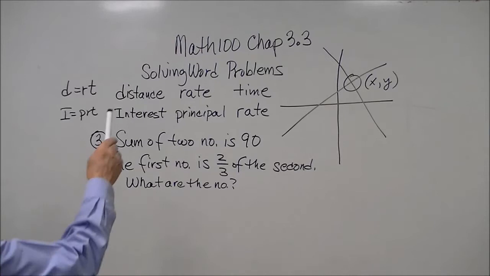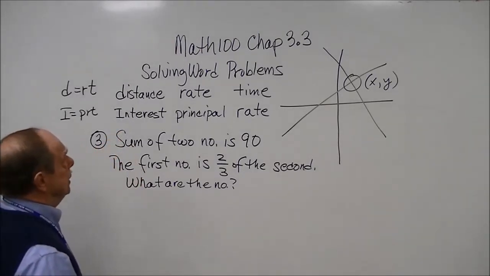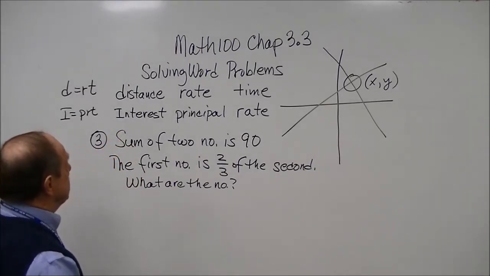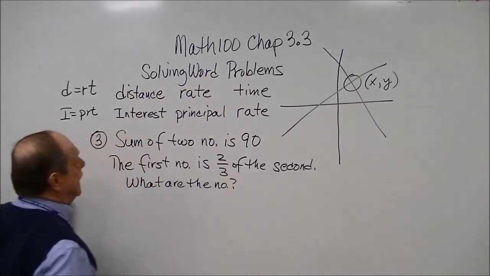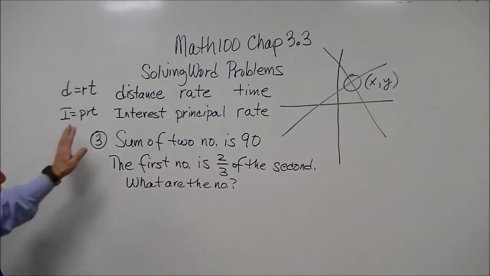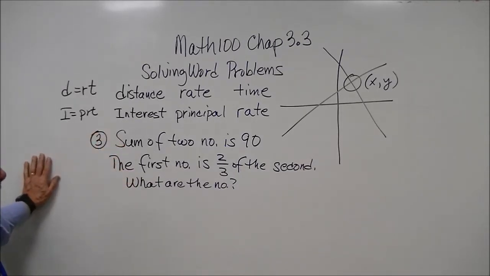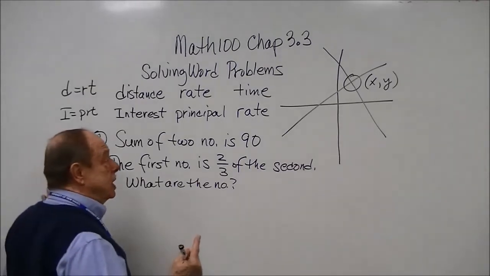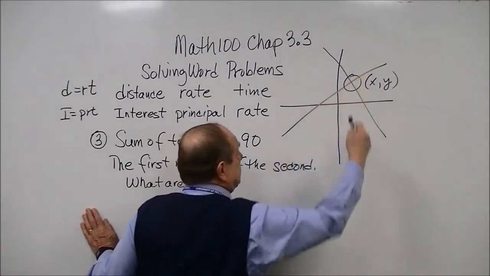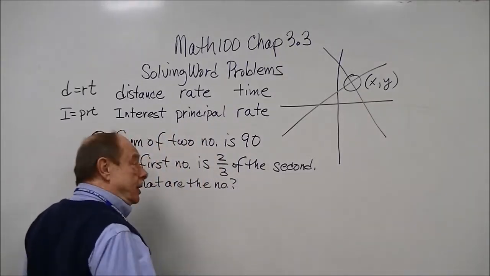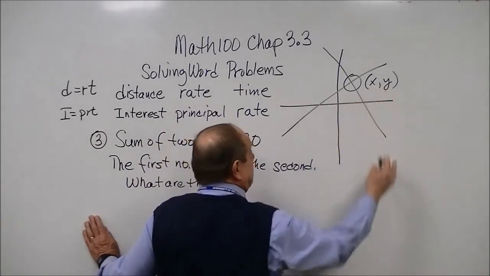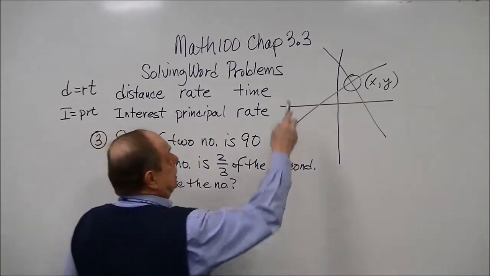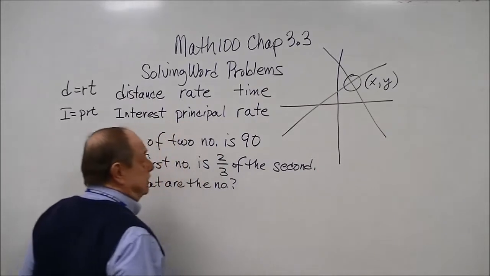We're going on now to topic 3.3, and this deals with solving word problems. Now, for many of these word problems that we're going to be doing, the concept behind it is that you're going to set up one equation in two variables, another equation in two variables, and you're hoping that the x and the y are the same, so you're looking for that point of intersection.